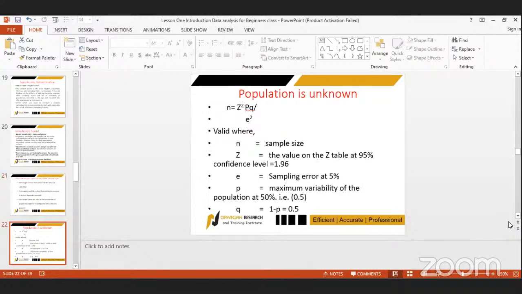Now, the first scenario that we have here is a case whereby the population upon which we want to collect data is unknown.